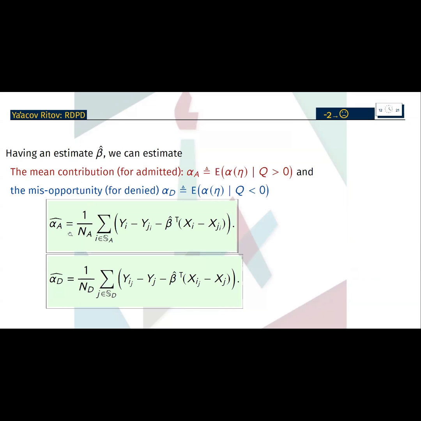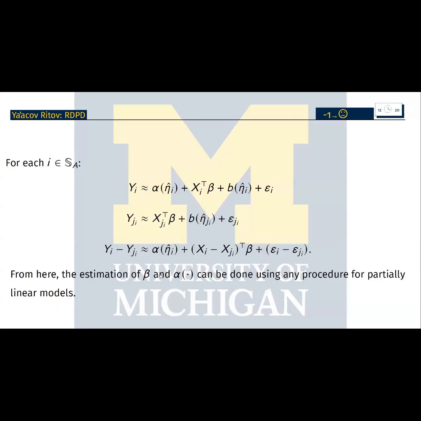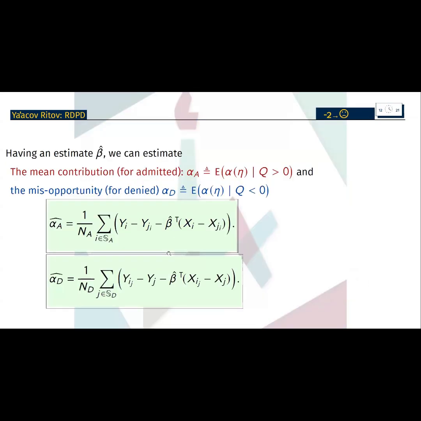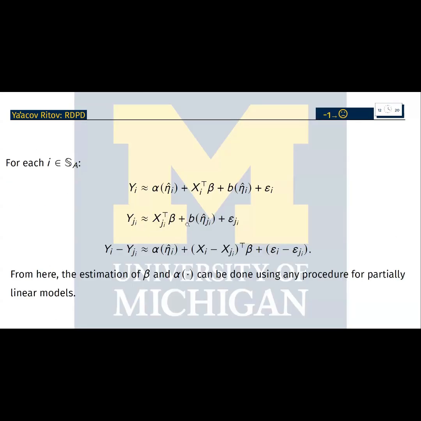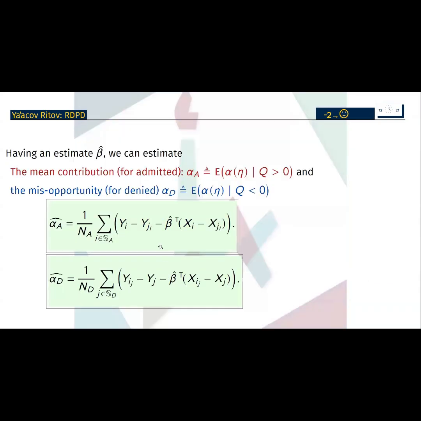So now I can estimate the mean contribution. I can estimate different means. For example, sorry, no, I was wrong. I have a partial linear model because of this part.